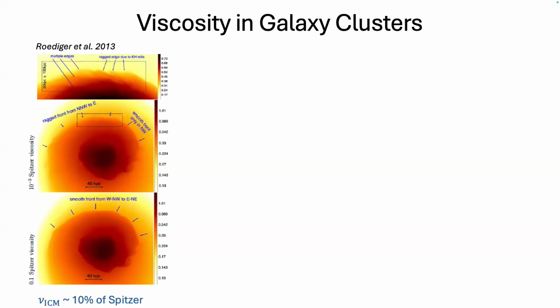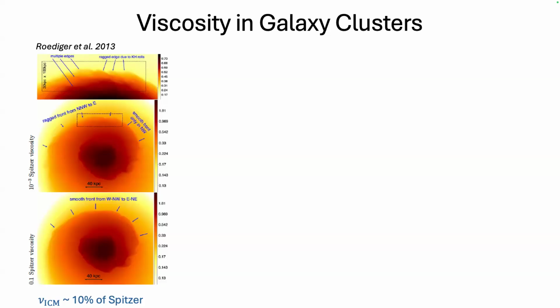The top panel has extremely low viscosity, and the bottom one has two orders of magnitude larger. What happens when you have that viscosity? You basically smoothen out these structures, these eddies. So in this case, they looked at the presence of Kelvin-Helmholtz vortices.